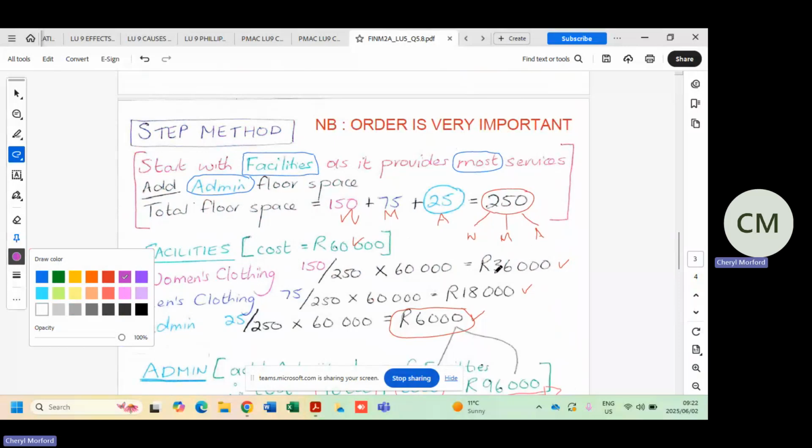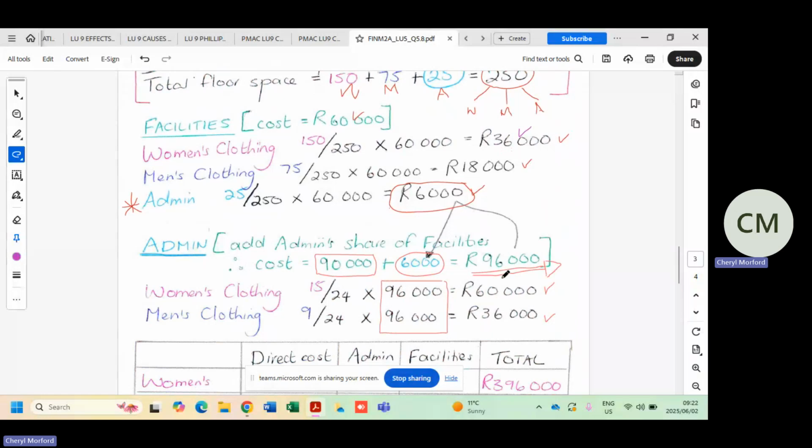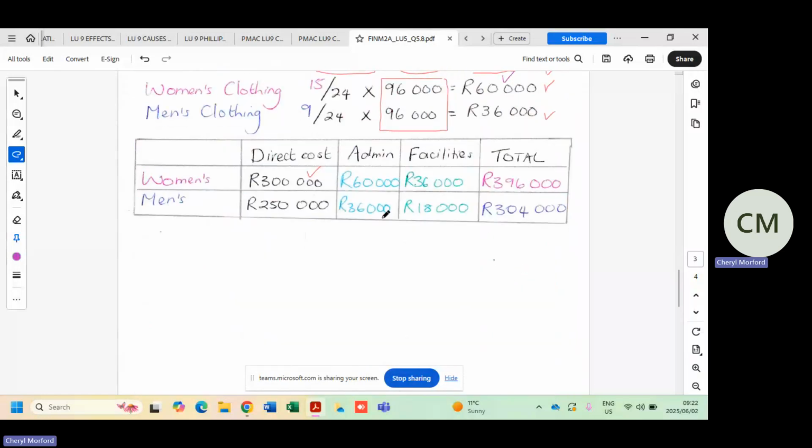What do we have? 36,000 for women and for admin, 60. So let's pop them in there. 36 facilities, admin 60, added to the direct department cost gives a total of 396, which you see is slightly different to the amount that we got when we did the direct method.